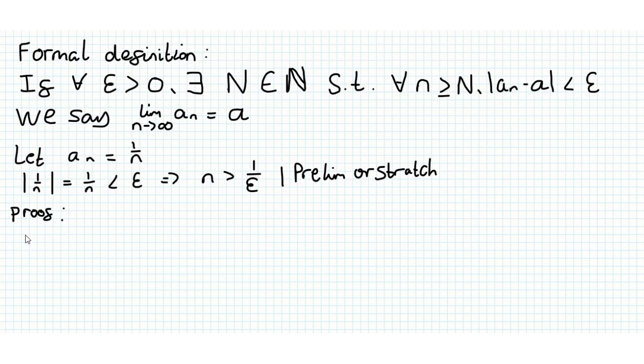So we let epsilon be greater than 0, then we choose N in the natural numbers. You can see how this is starting to look like our proof.